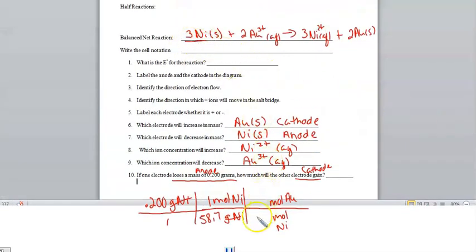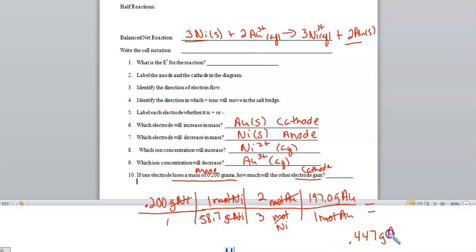And nickel has a 3 and gold has a 2. And we're going to take it all the way to grams. For every 1 mole of gold, there are 197 grams. Again, just a mass stoichiometry problem. And so we would find that we would get 0.447 grams of gold.